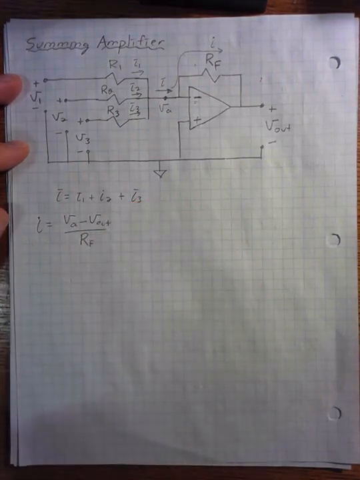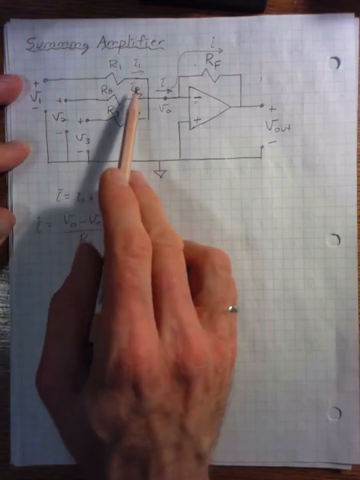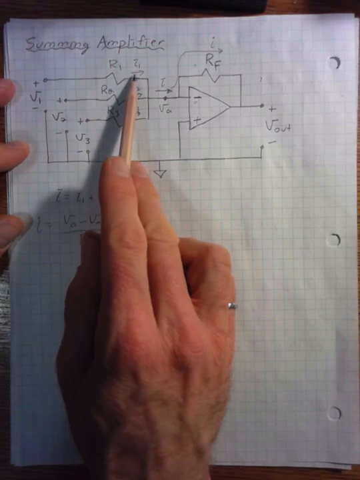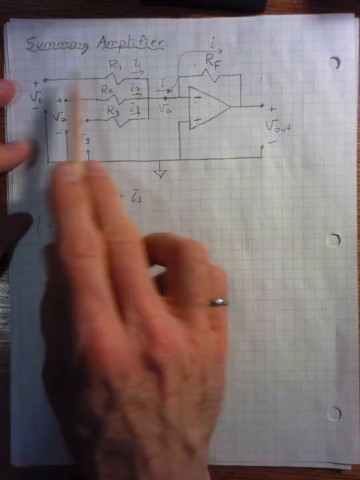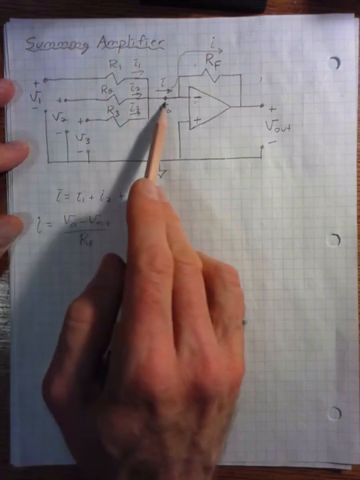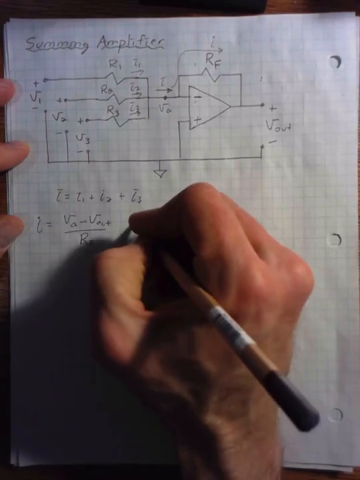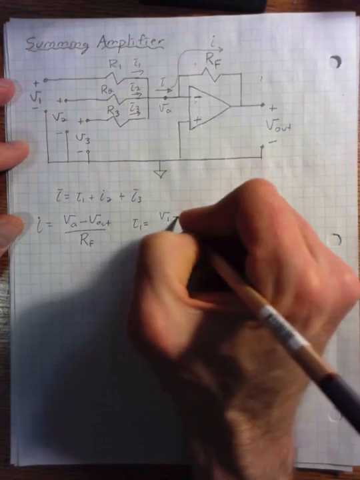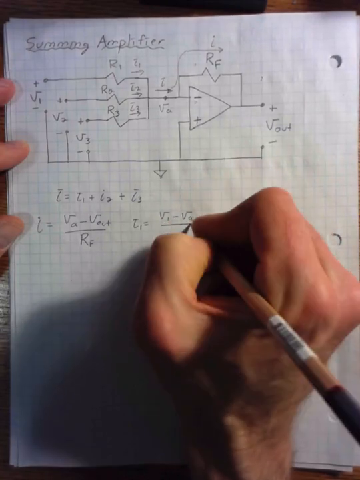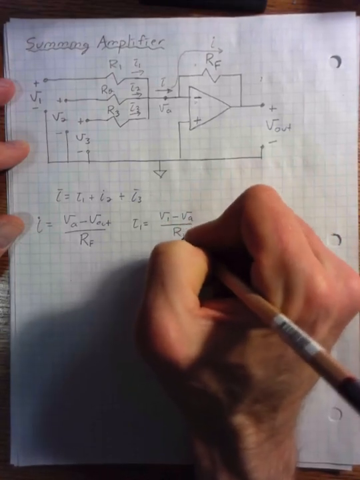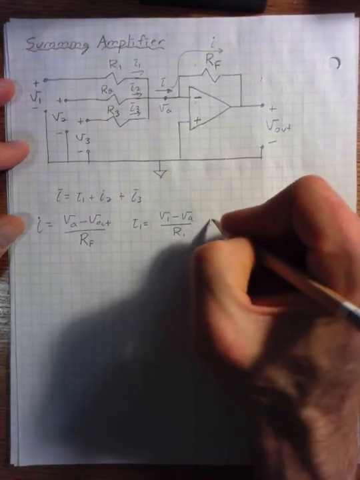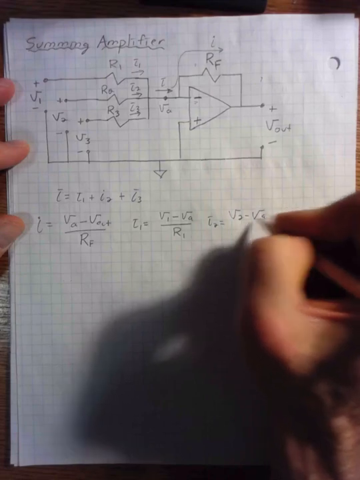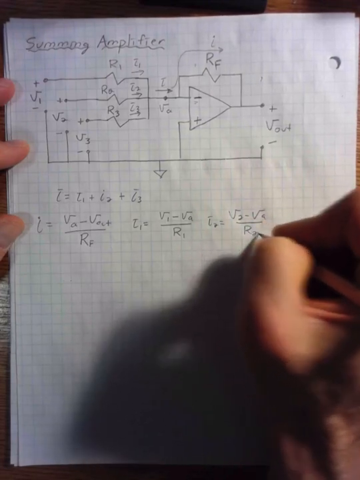Now, similarly, we can write equations for the current in each one of these branches. So the current through the top branch, I1, is equal to the voltage we're applying minus VA. So I1 is equal to our input voltage, V1, minus VA divided by R1. And similarly, I2 is equal to V2 minus VA over R2.